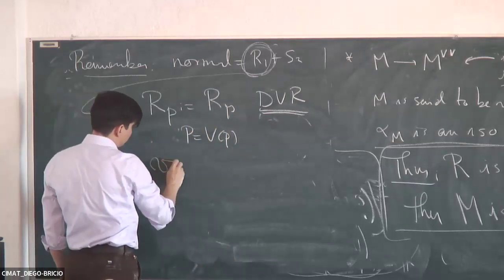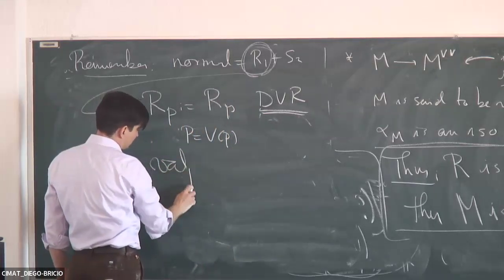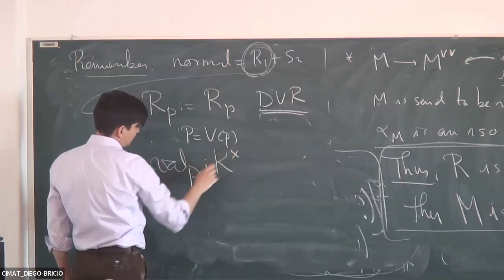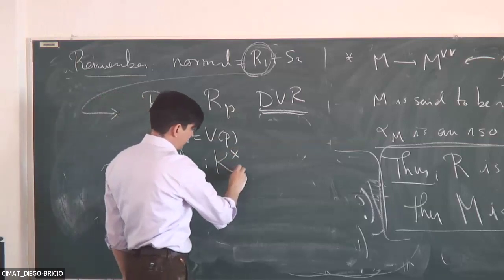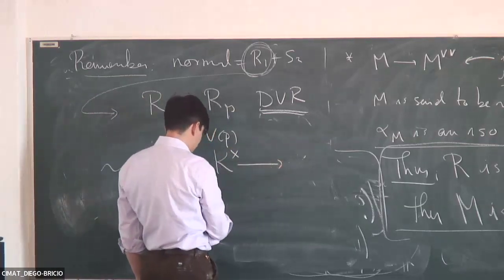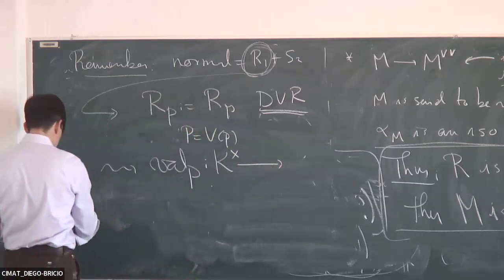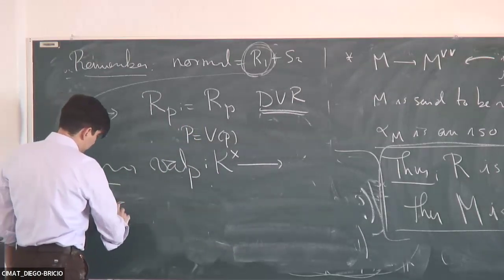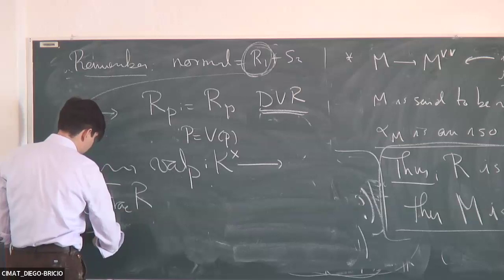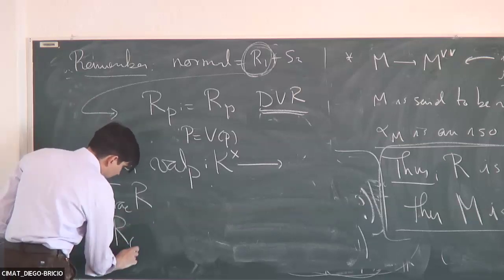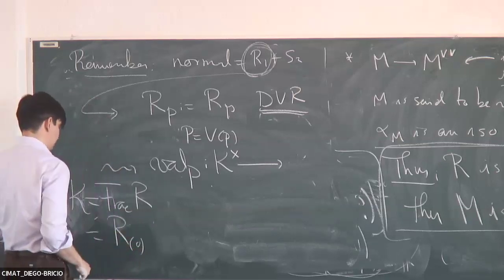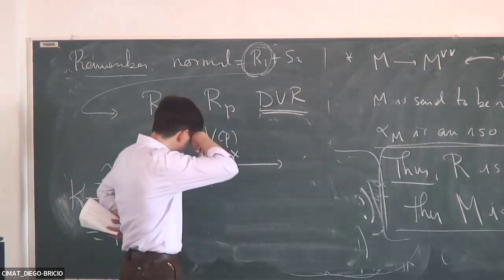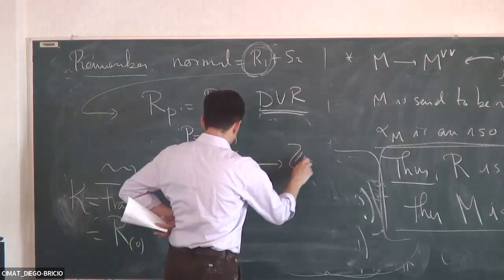Therefore, automatically you have evaluation at P. What is this? This is a map from the units of the field of fractions, so let's say K is the field of fractions of R, which is R localized at the prime ideal of height 0. So this goes to Z. Okay?